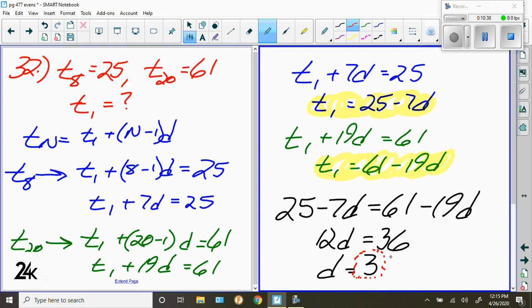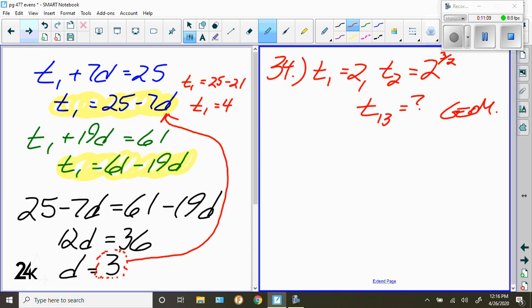And then that dude's going to go right there. So that means the first term is 25 minus 21, because that's 7 times 3. So the first term is 4. And that's exactly what they asked for over yonder. See it over yonder. Good. That's number 32. You can pause the video at any point.